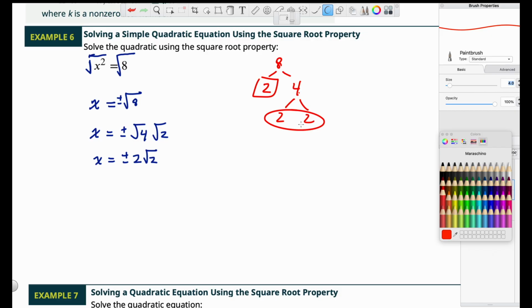A pair of 2's, 2 times 2, is 2 squared, and the square root of 2 squared would just be 2. Maybe this helps you see that the 2 comes out, and this other 2 stays under the radical because it's not a pair.